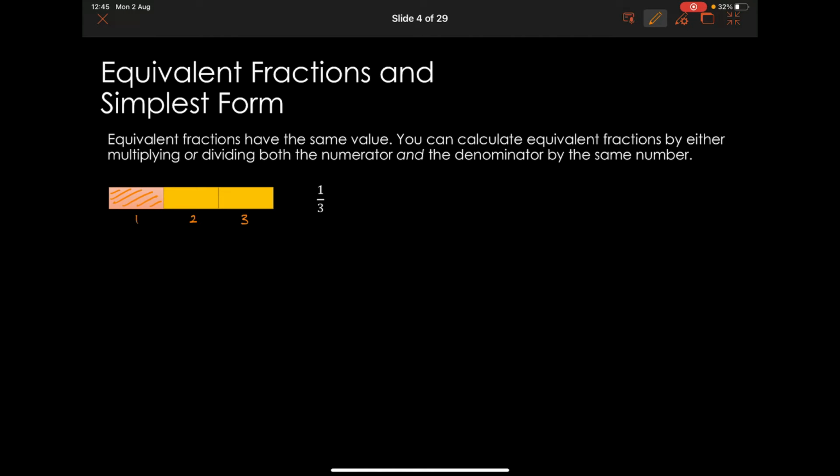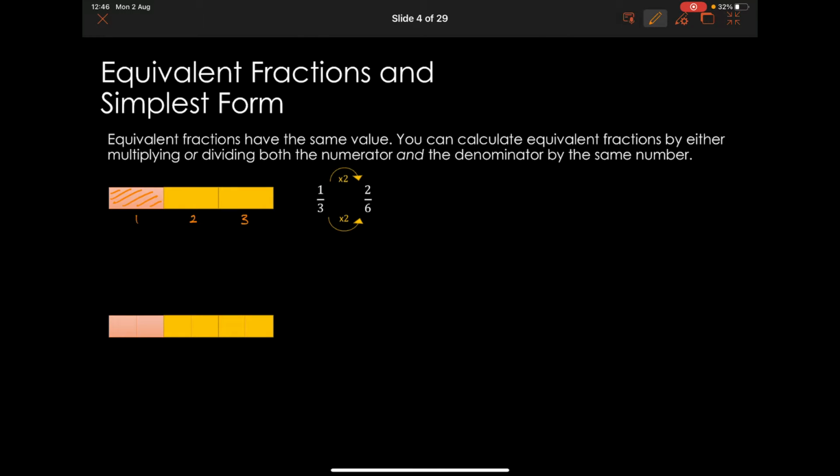So we write that as a third. An equivalent fraction to a third would be if I decided to multiply the top and the bottom numbers by 2. You could multiply them by anything, but I'm just giving you an example of an equivalent fraction. So 1 times 2 is 2 and 3 times 2 is 6. So I could say to you that 1/3 is exactly the same as 2/6.